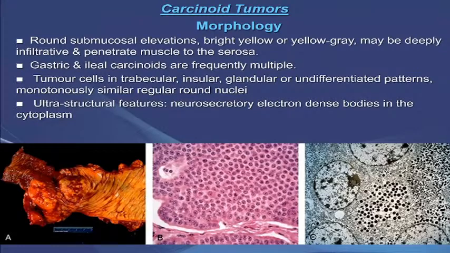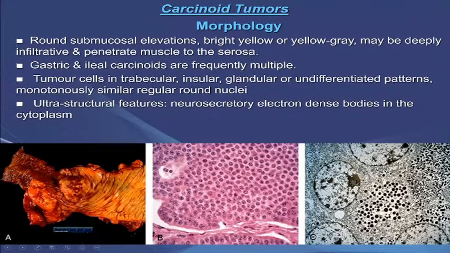Here are some morphologic examples of carcinoid tumor in the ileocecal region, which is the most common site, and around the appendix, a round fungating mass. The morphology is pretty uniform cells, neurosecretory cells, often occurring in nests or sheets, and electron microscopy is very classic.